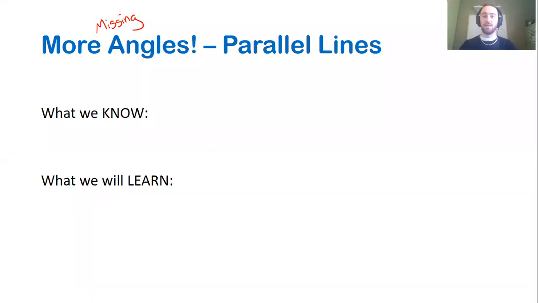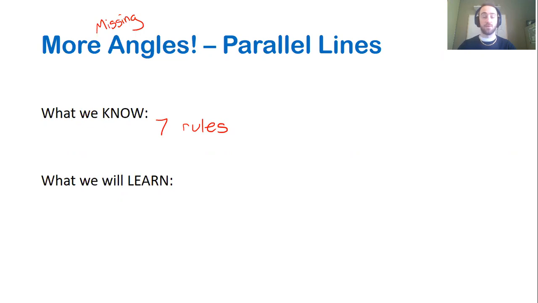So today we're going to continue our talk on angles. More specifically, we're going to talk about parallel lines and the angles they form. What we know so far about missing angles is we know 7 rules that aid us in finding missing angles in given questions.